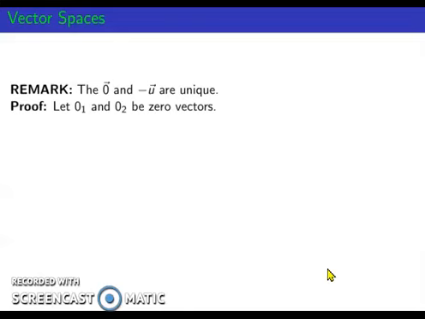We remark here that the zero vector and the negative or the additive inverse are unique. To prove that one, suppose that there are two zero vectors. Let us denote them 0 sub 1 and 0 sub 2. Then, by definition, because 0 sub 2 is a zero vector, when added to 0 sub 1, that is just 0 sub 1.